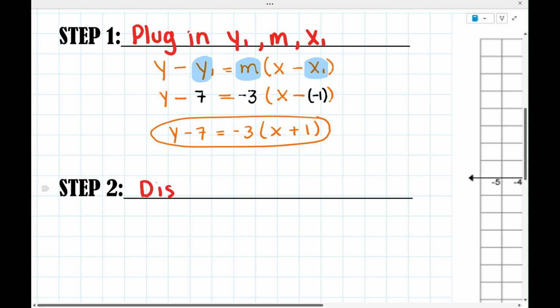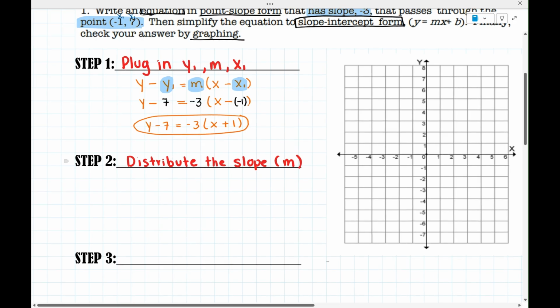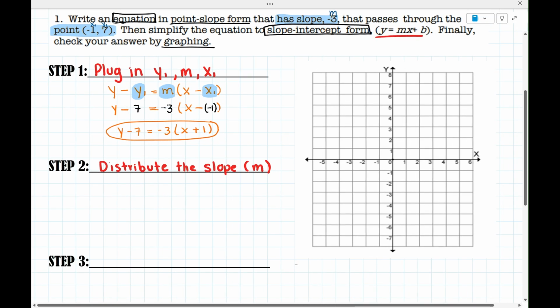Now remember, our goal is to transform it into slope-intercept form, which means there's no parentheses. So we're going to go ahead and distribute m, which is our slope, so that it looks like that form there, y equals mx plus b. Notice how there's no parentheses there.